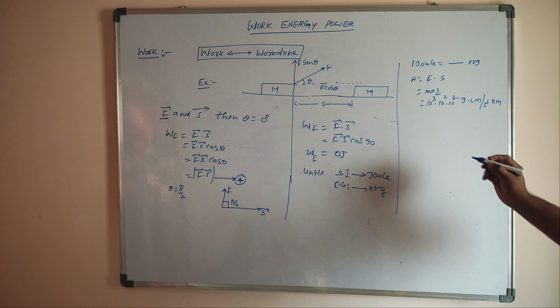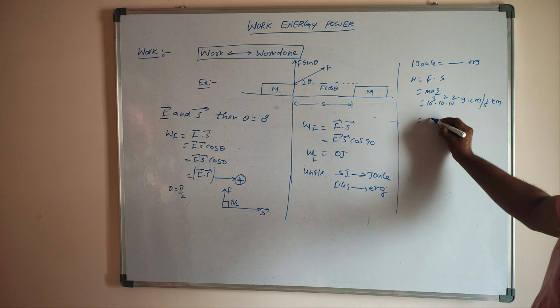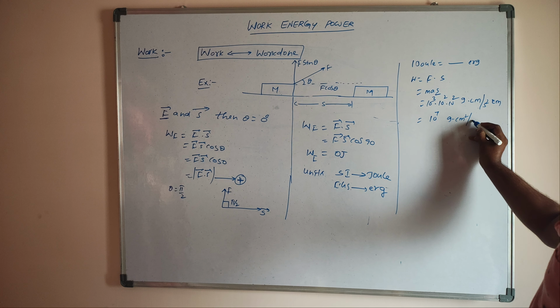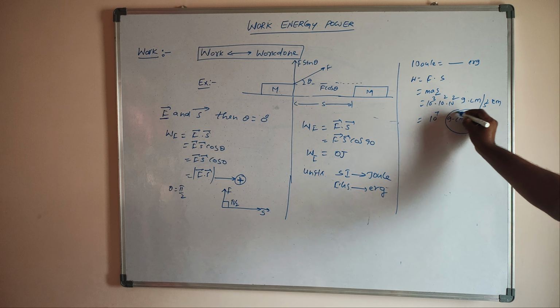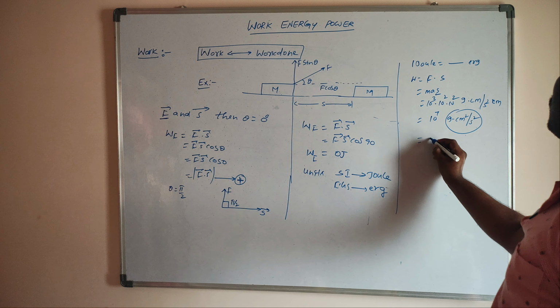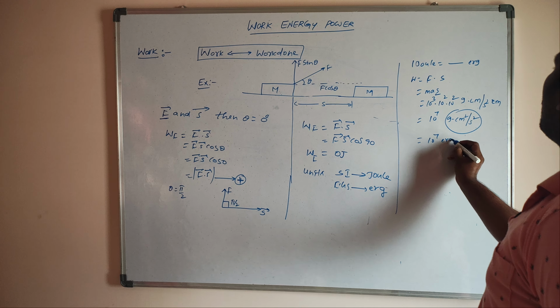So now what will happen is 10 power 3 times 10 power 4, that is 10 power 7 gram centimeter square by second square. This gram centimeter square by second square is called what, guys? Erg.